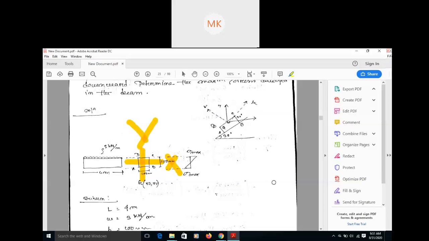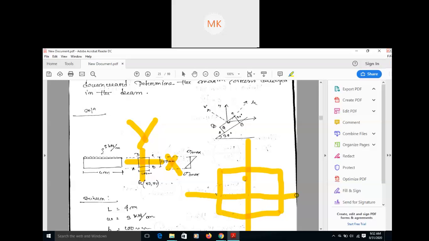Are you able to see this? I think this section is small. I will draw a bigger one. If I draw a section like this, okay, this is your A point.